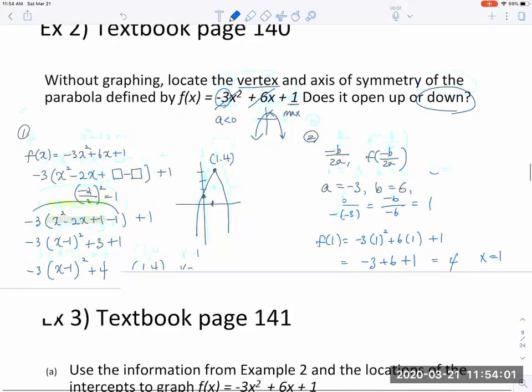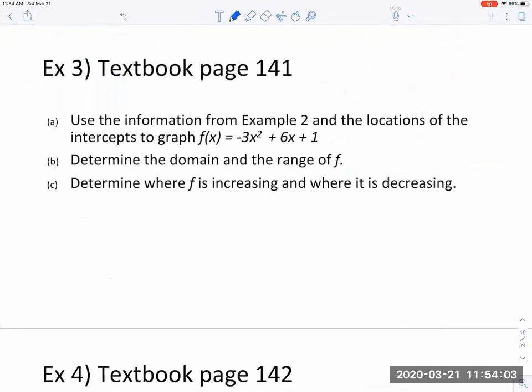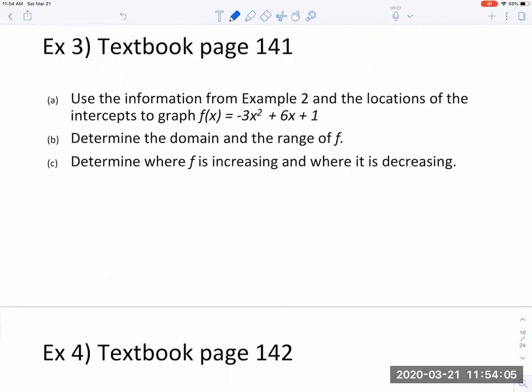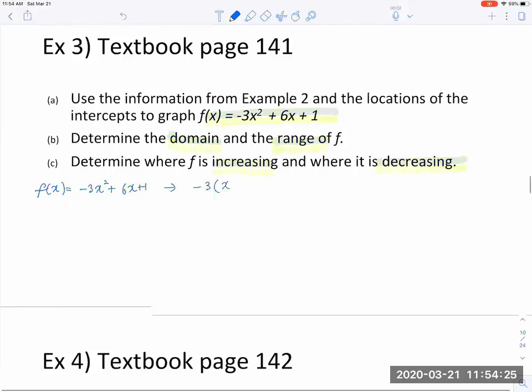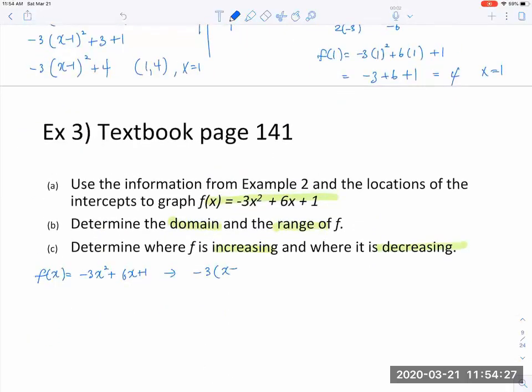All right, let's keep going. The next one. Okay, so we have the same function from exam 2. You're going to find the domain and range and increasing and decreasing. So we already converted from this standard form. We changed it to -3 times (x minus 1) squared plus 4.